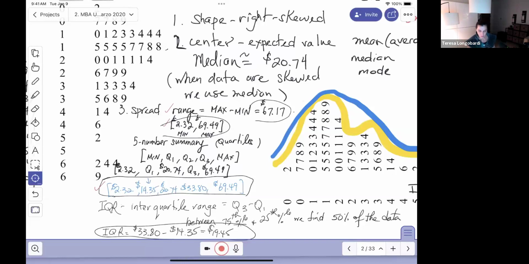All right, so we did the 3 features. The 4th, we're going to use this 5-number summary to verify if we have what is called a statistical outlier.